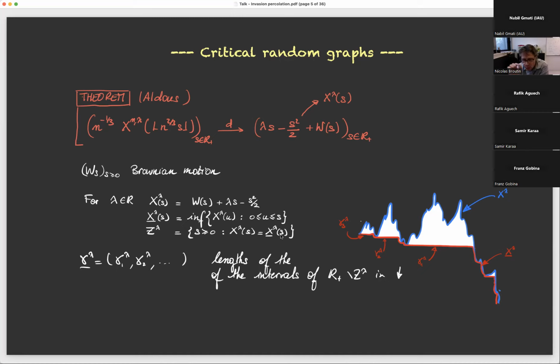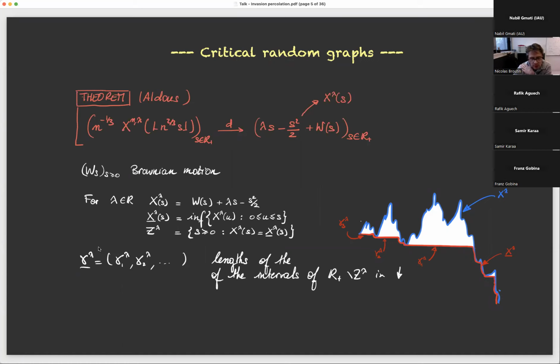And you know that these points are the equivalent in the continuous of the points in the discrete where the pile becomes 0. So it should be the case that if you look at the lengths of the plateaus of this process, that is the length of the intervals between the points of Z_lambda, you should find the sizes of the connected components.